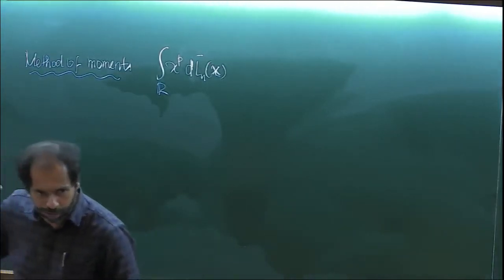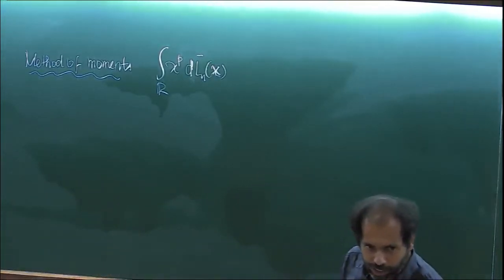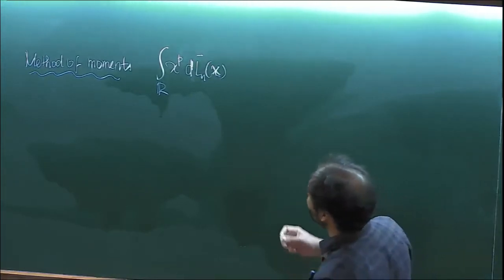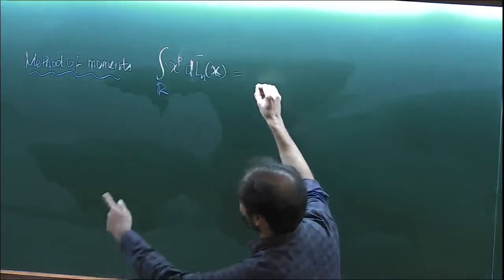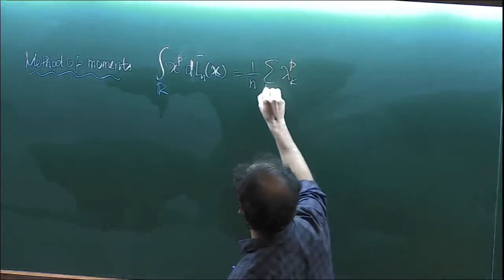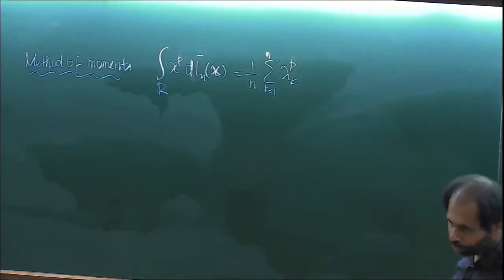The point is our assumptions are on the entries of a matrix, and we are trying to say something about eigenvalues, which are a complicated function of that. So you need some way of linking eigenvalues and entries. By the way, this is just 1 over n summation lambda_k to the power p, by definition the pth moment. Sorry, there is an expectation here, because these lambda_k's are random. So this is the expectation of 1 over n trace of (T_n over square root n) to the power p.